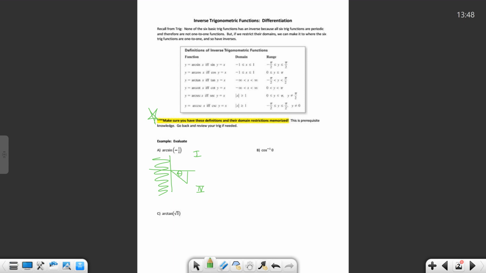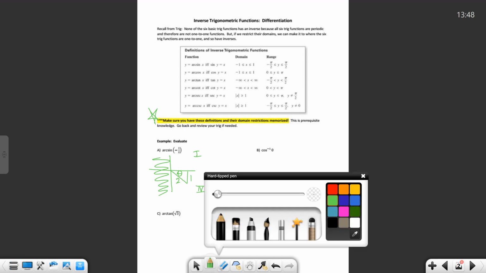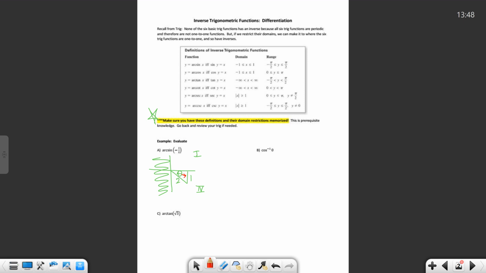If I draw my triangle there and fill in the legs, sine is opposite over hypotenuse. Those would be the legs of my triangle, which is the 1, 2, square root of 3 triangle. Then you ask yourself, the 1 is across from what angle? You know that's 30 degrees.